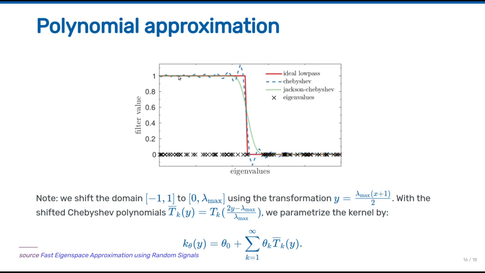The Chebyshev approximation of my function at a given degree is very good both here and at the end. It's not that great in the middle, but you don't really care because there are not that many eigenvalues of the Laplacian there, so you will not actually evaluate your kernel at those eigenvalues.